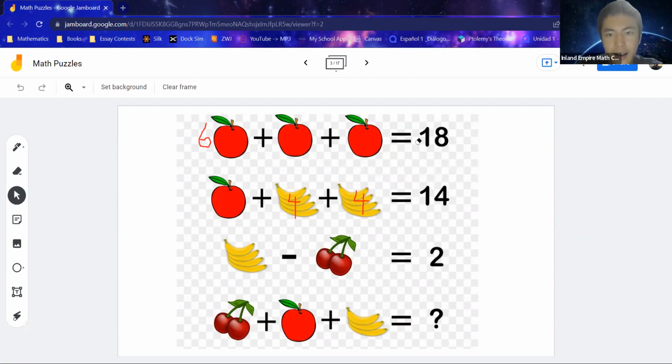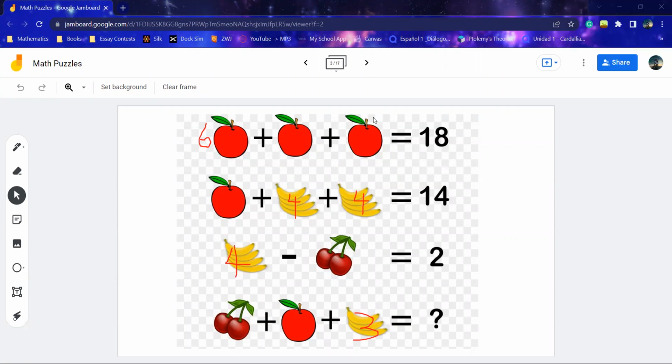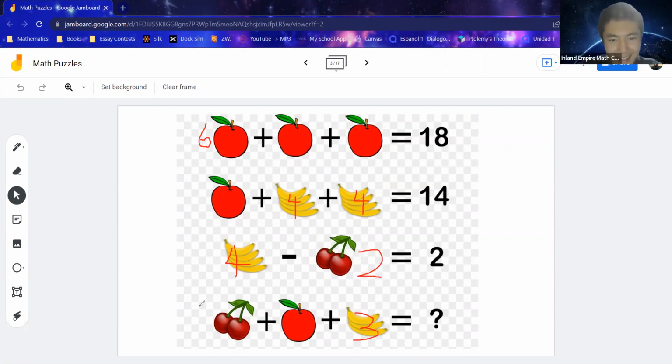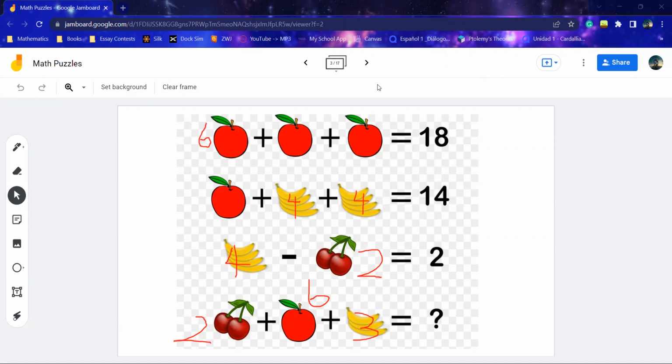Then if 1 banana is 1, the bottom banana is 3. That is correct. We're adding 3. But we still need to figure out what the cherry is. Oh, no, the cherry's 2. That's correct. I was just testing you to make sure you can solve it a second time. Yeah, but anyways, then what would the answer be? 11. That's right. The answer would be 11.